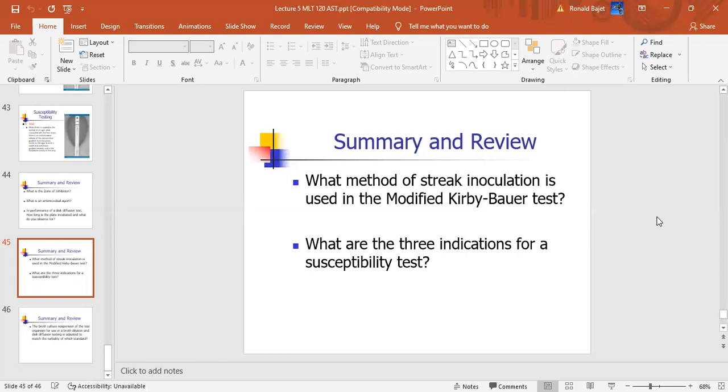Are there any questions? I used to think that this lecture was hard, but I hope I made the points clear, especially with the beta-lactamase and the beta-lactam ring. Like I said, when I was a student, I got those 2 mixed up. I didn't know what was in the organism and what was in the medicine until I read it about 4 or 5 times. But with you guys, I hope I explained it in depth enough that you got it the first time around. So beta-lactamase is in the bacteria.